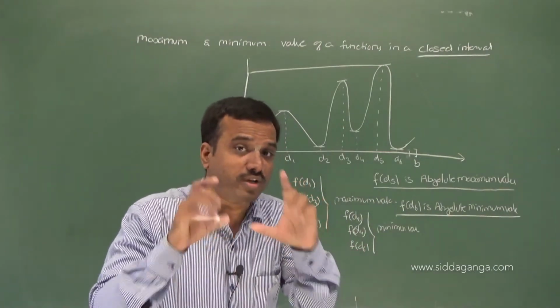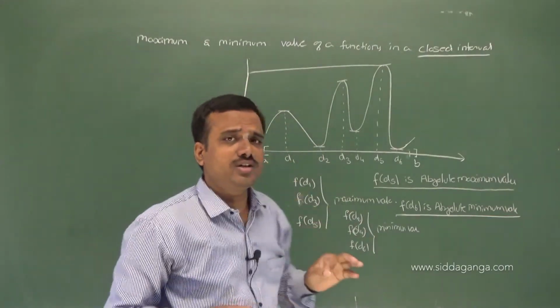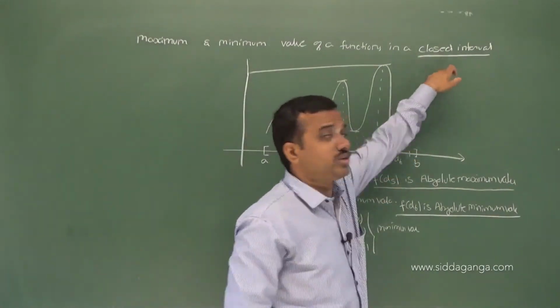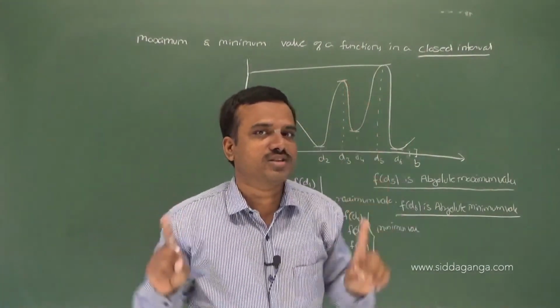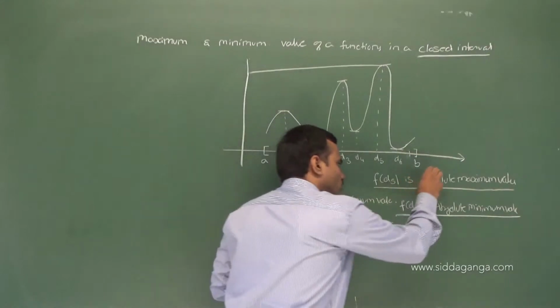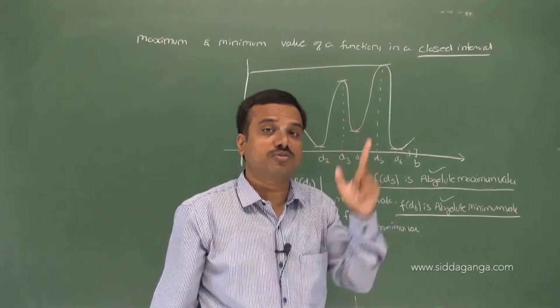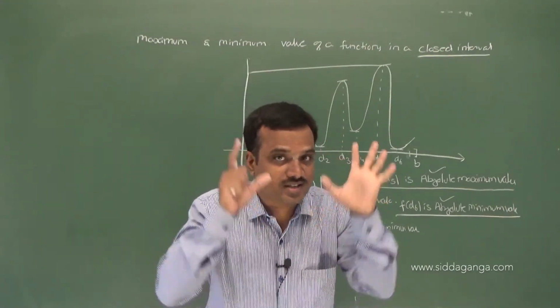In a closed interval, if he has given find the maxima and minima, in the previous problems, observe, an open interval was given. If a closed interval is given, we have to find the absolute maxima and absolute minima. We will see how to find them. Very simple concept, but very important in the examination.